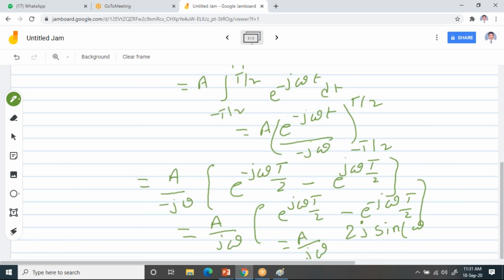Please try to understand this. That means e power j theta minus e power minus j theta I can write as 2j sine theta. So theta is nothing but omega T by 2. Now this j and this j get cancelled.